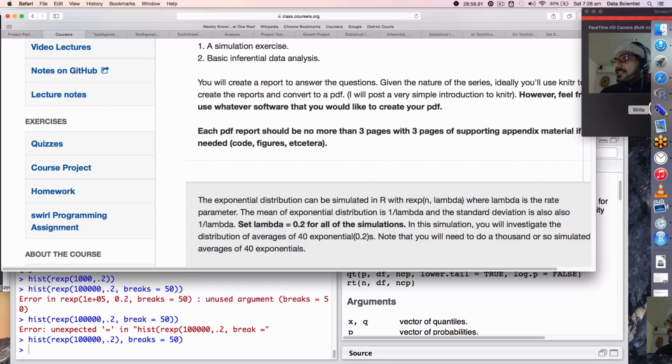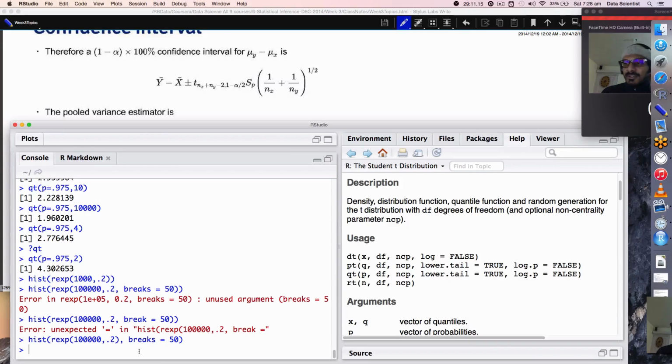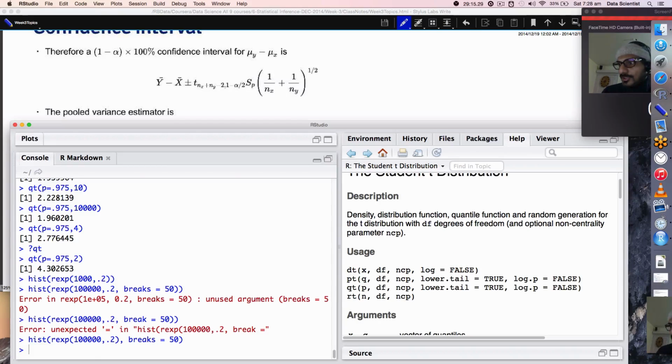So what are we required to do here? Let me show it to you. We want to take the averages of 40 values, which means I say rexp(40, 0.2).